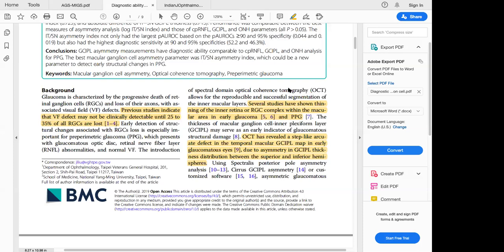Can you see the article which I'm sharing now? Yes, we can see the screen.